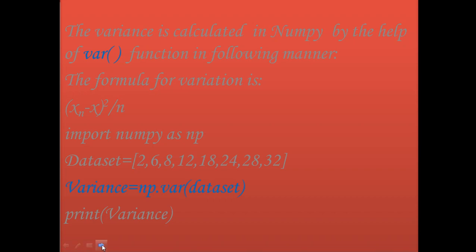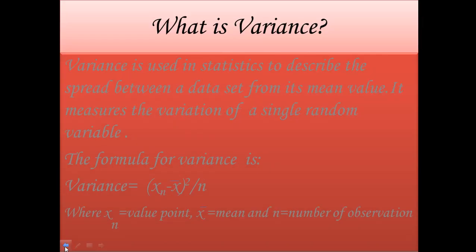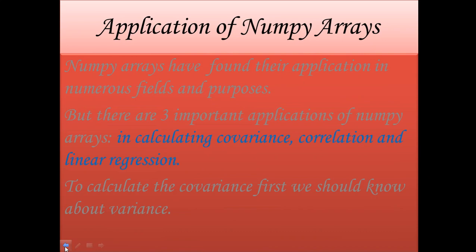The thing you should know is the definition. Again I am telling you, the definition of each term, starting with variance, then covariance, correlation, and linear regression. First thing is the definition, second thing is the name of the function, and third thing is how it will be used programmatically.